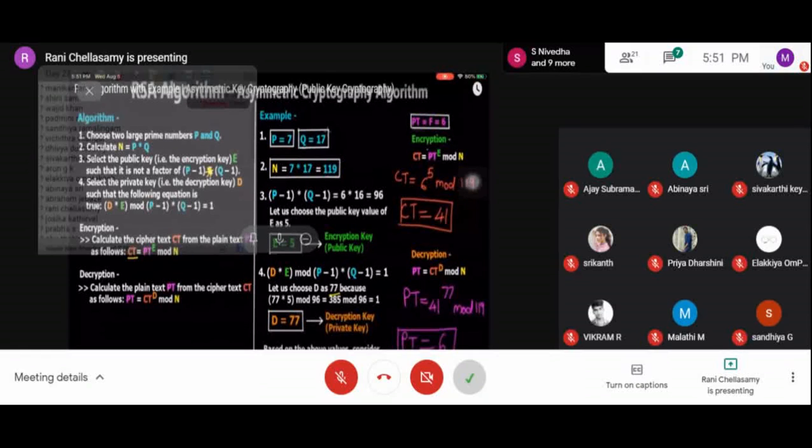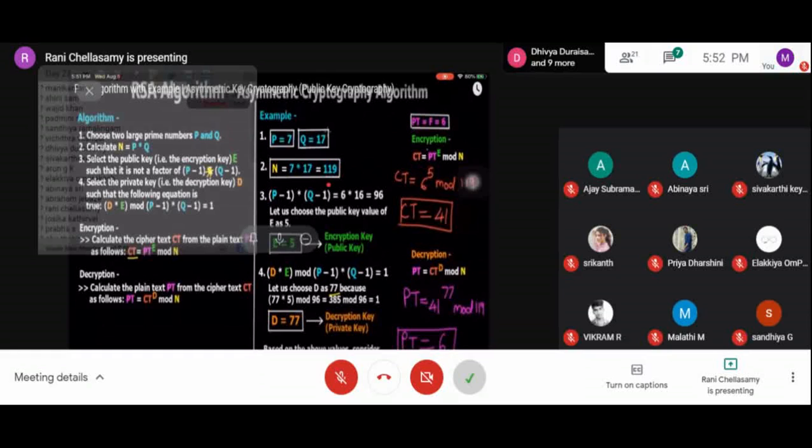To calculate the ciphertext CT from the plain text: CT equals PT power E, the encryption key value, mod N. The PT value is 6, the position value. So 6 power 5, where the public key value E is 5, mod N which is 119. After calculating, you will get the ciphertext value 41.